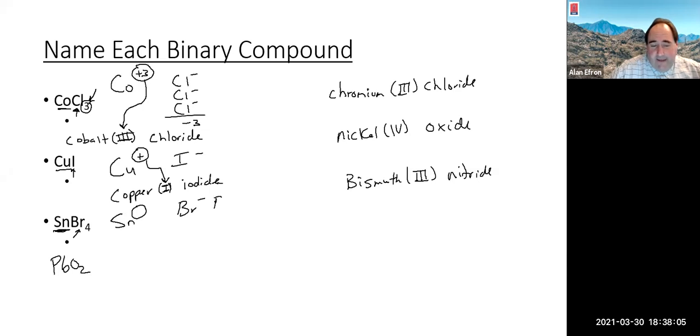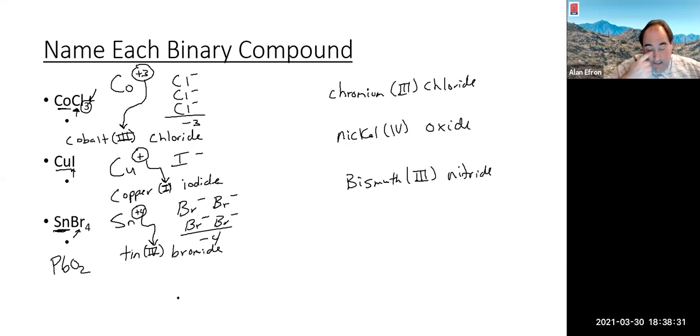And again, if you need to, just keep it simple. Just write out what it says. There's 4 of these, so that's a grand total of -4. That means that's a +4, so that's tin Roman numeral 4. Again, even though we got 4 of these Br's, it's still only going to be called bromide at the end here.